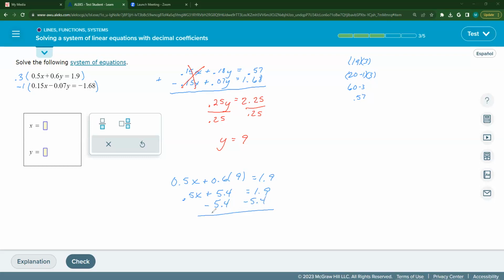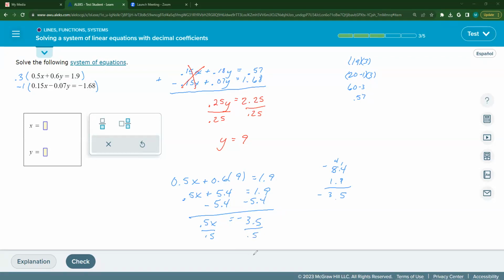These are opposite signs. Negative 3.5. Okay, so I have 0.5x equals negative 3.5 divided by 0.5.